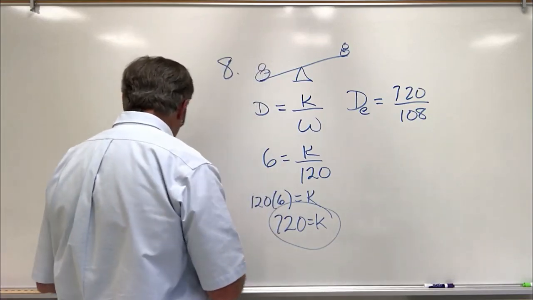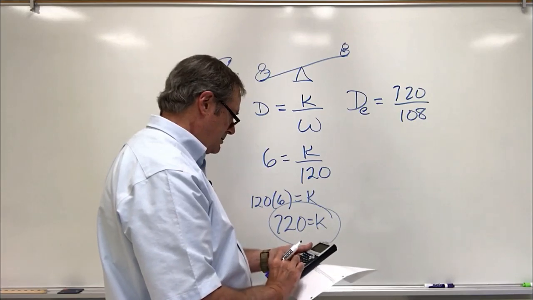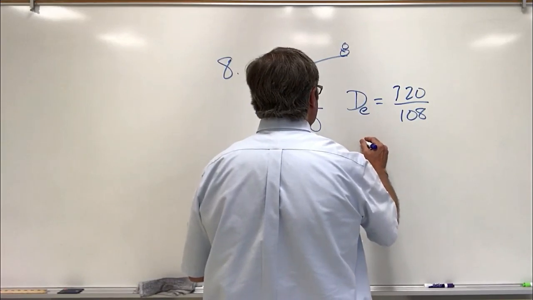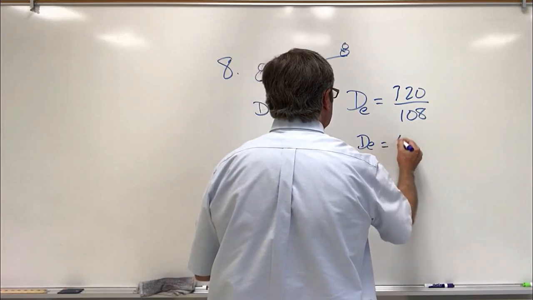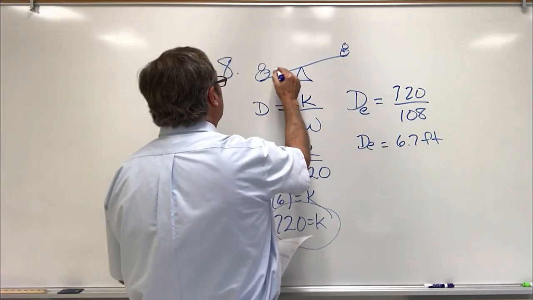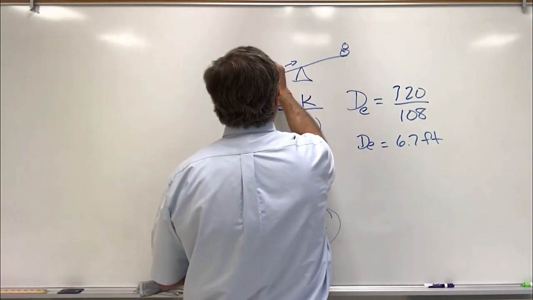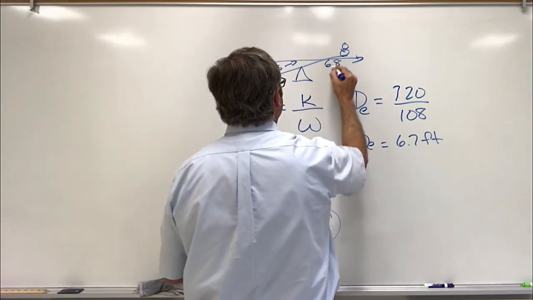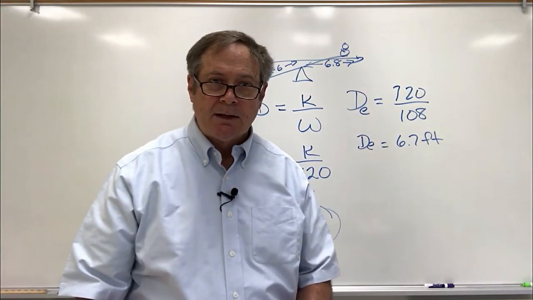So we'll take 720, divide it by 108, and I get 6.7. So she's going to have to sit 6.7 feet away. If Roger is 6 feet, then in order to balance this out, she's going to need to be almost 7 feet away because she weighs less. And that's problem 8.